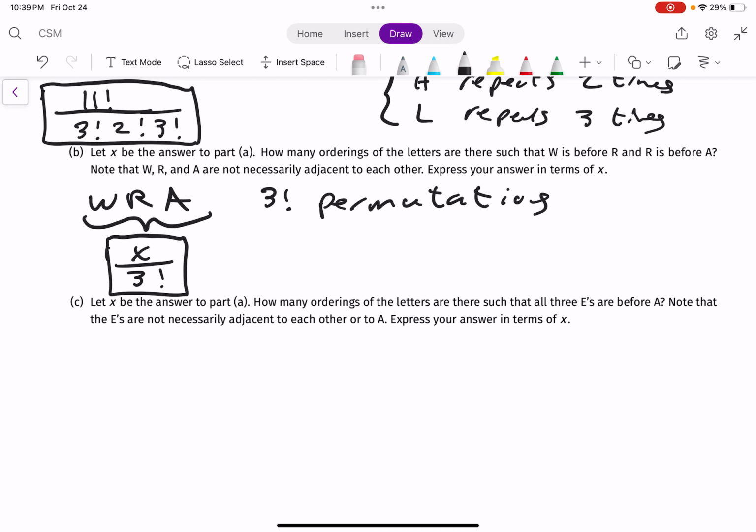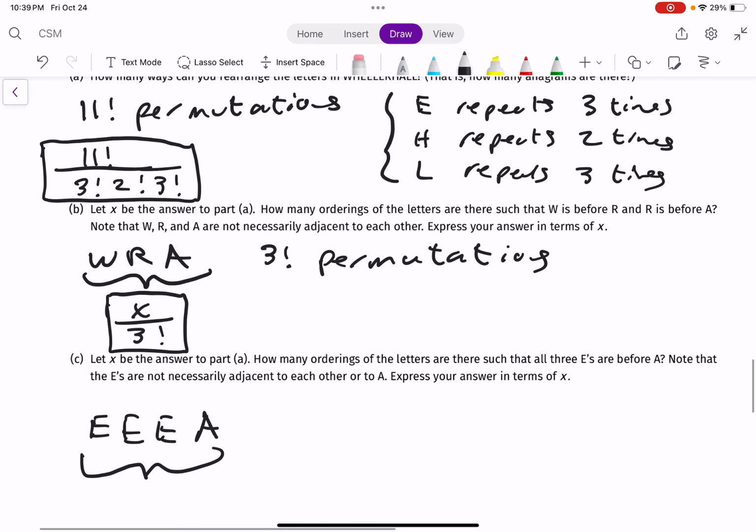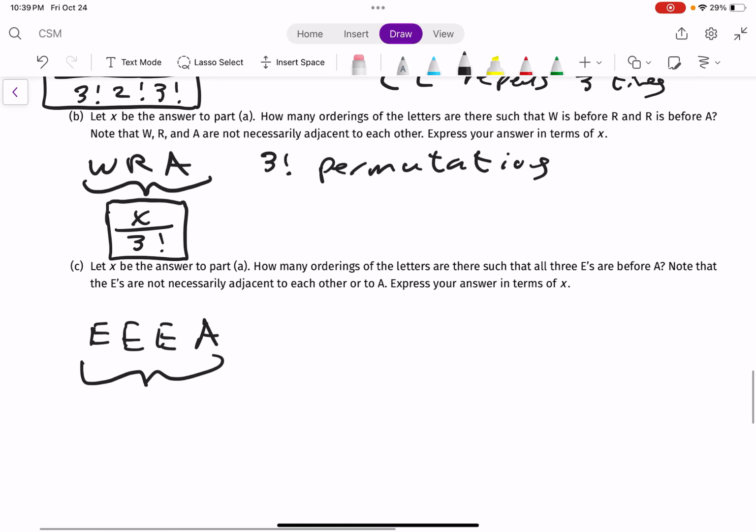So let's look at the string E, E, E, A, which is what we want. Notice how in every rearrangement of the letters in "we were Hall," there's some ordering of the letters E, E, E, and A. And this is one of them.